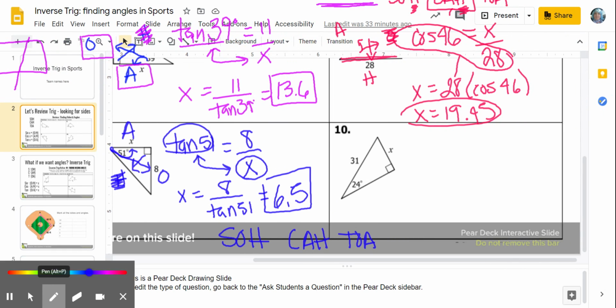Last one for our review on this topic. So do I use sine, cosine, or tangent here, and how do I know? I do not have the A, so I can't use cosine, and I can't use TOA, because that's the A, right? So I've got to do sine.